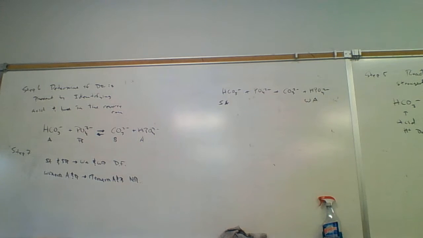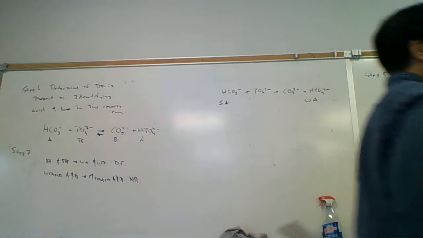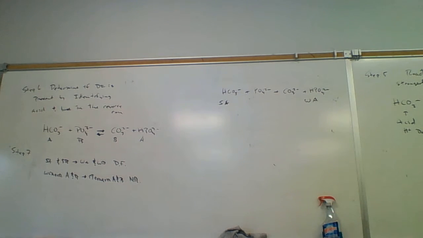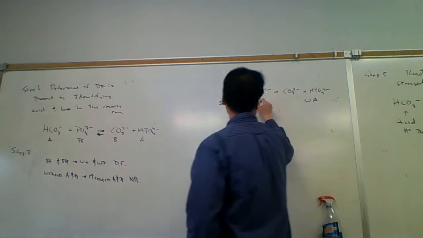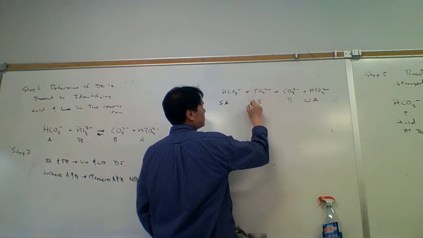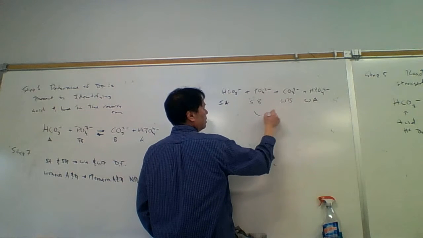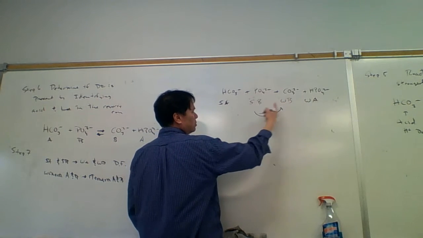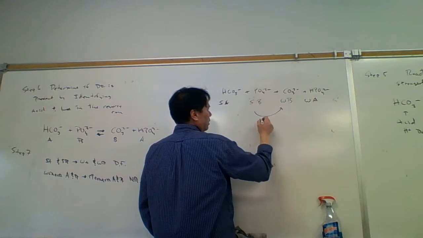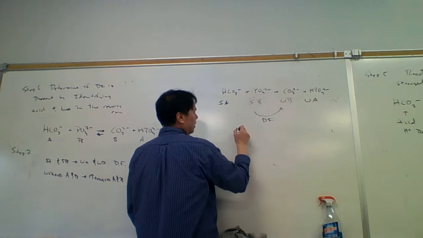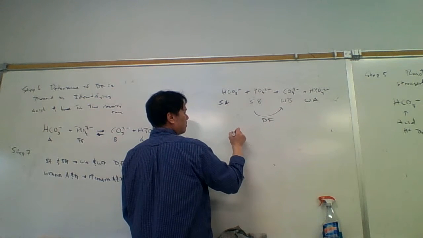Let's take a look at the bases. The bases would be carbonate versus phosphate. Which one's stronger? Phosphate's stronger. So we have two bases here, and we're going stronger to weaker here. Therefore, we're going from stronger to weaker. We see driving force, and we have reaction.